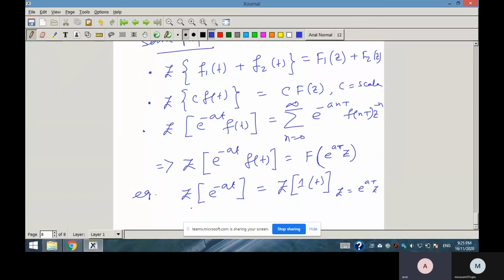This means the Z transform of e to the power minus aT will be z by z minus 1, that is, e to the power aT into z divided by e to the power aT into z minus 1. So this is equal to z by z minus e to the power minus aT.